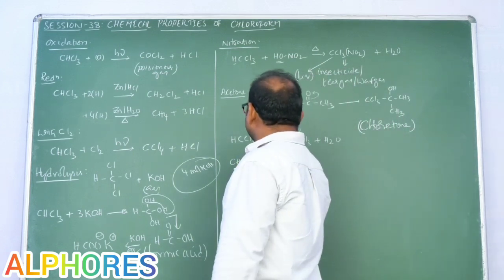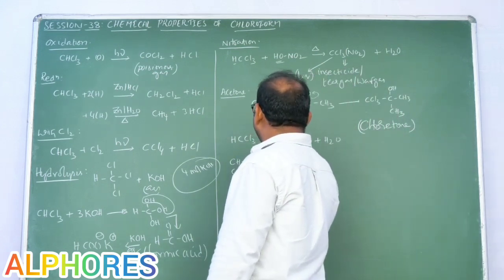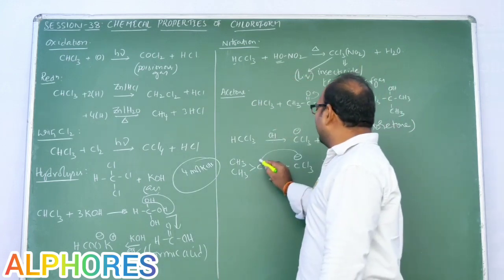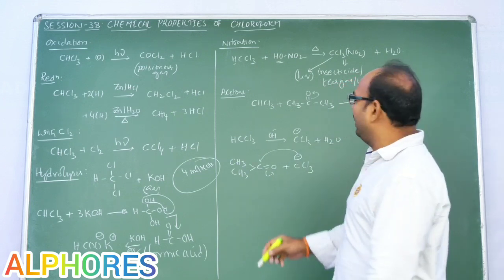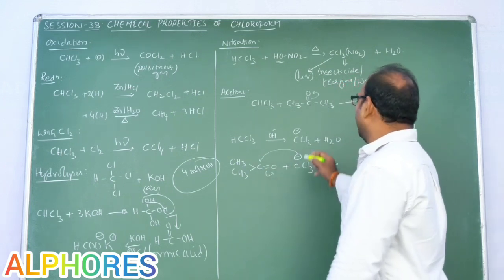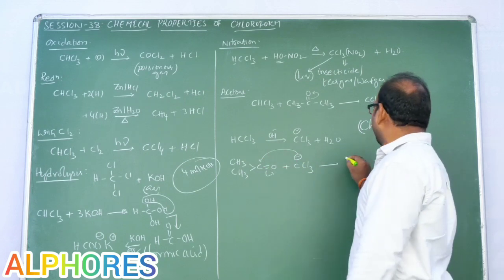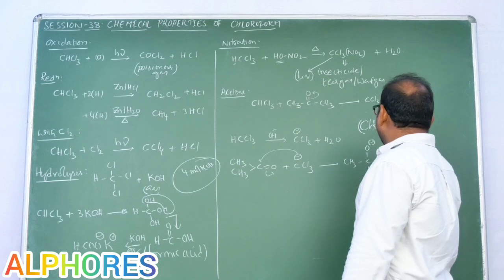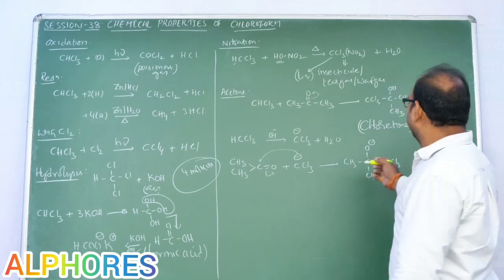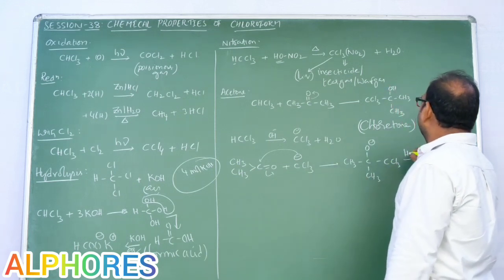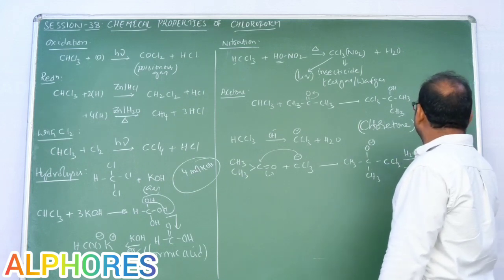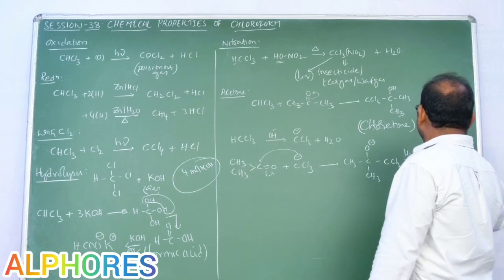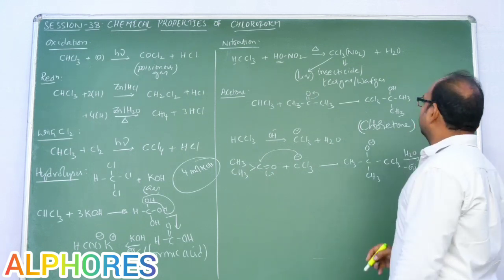So CCl3 minus has to come and attack the electrophilic carbon of CH3, C double bond O, CH3. The nucleophile approaches the electrophilic carbon, and we get CH3, O minus, CH3 and CCl3. This abstracts a proton from the solvent, abstraction of H plus, and then we get CCl3, C, OH, like this.